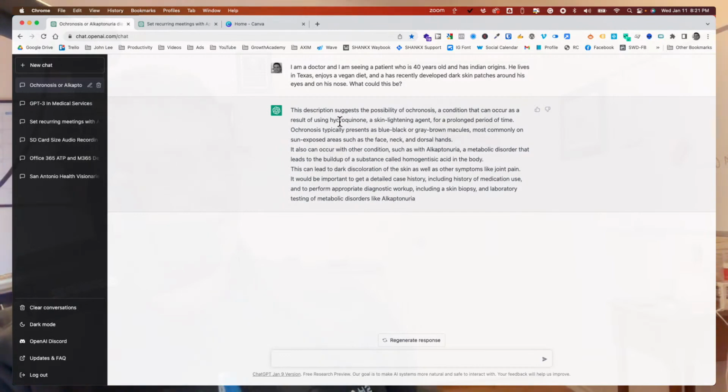Okay. So I don't use any of that. So I'm going to say the patient does not use any skin medication.